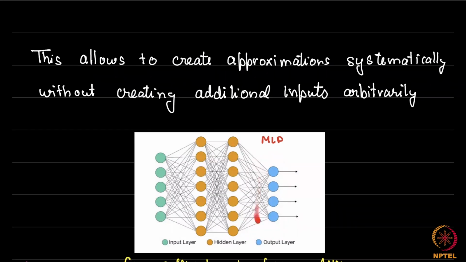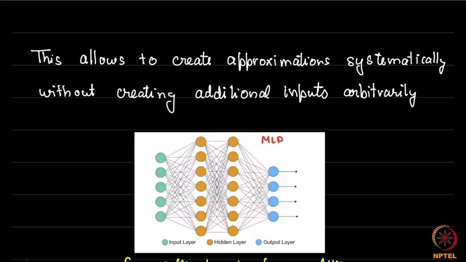When we feel that the approximation is not good enough, we simply add more layers or we add more neurons. I'll come to the subtle distinction between these two in the next couple of videos. Nonetheless, we achieve our purposes by keeping the input as it is and adding stuff in the middle.